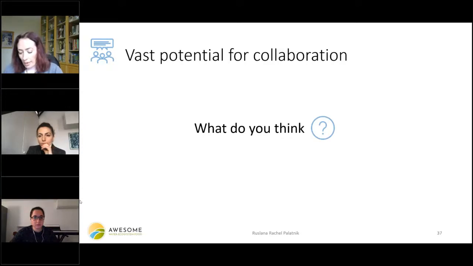Then I was asked why CGE models are so popular versus agent-based models or other models. Well, there is a fashion for everything, but, as I said, people acknowledge the strengths of the model.